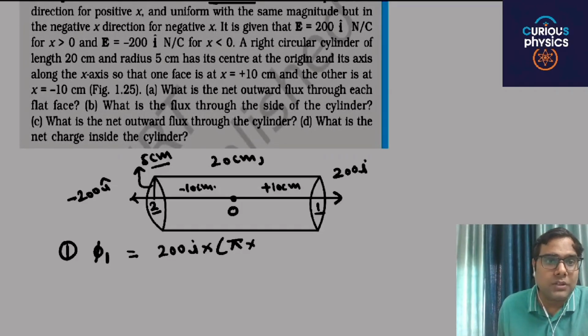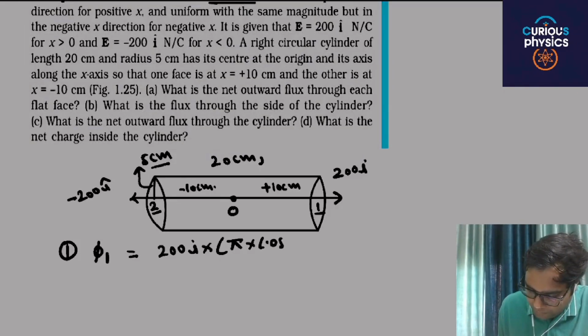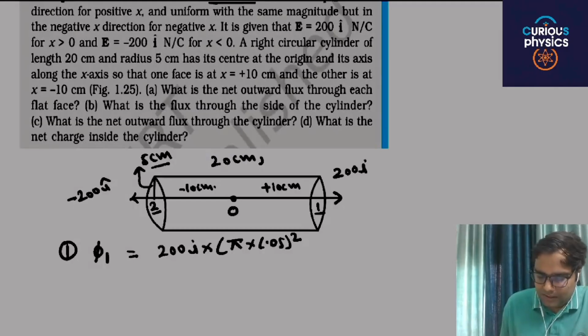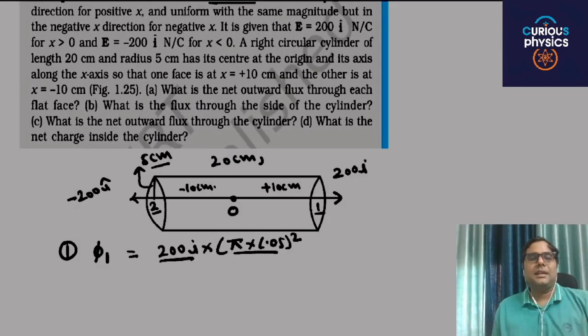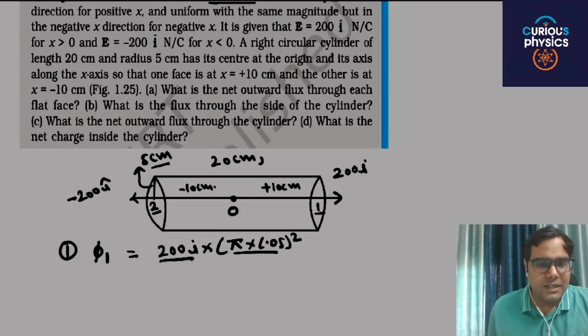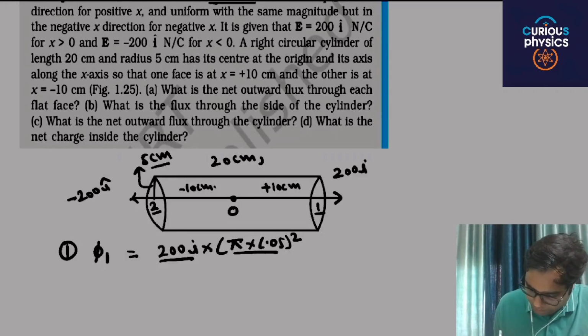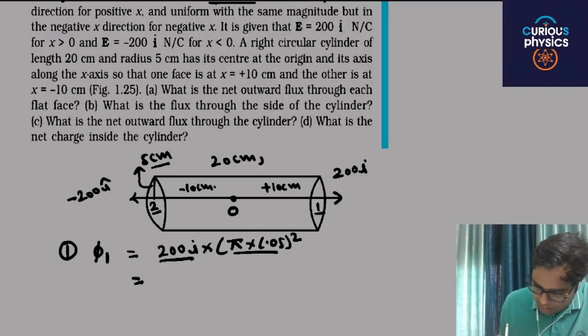In all the calculations you have to convert all the units to SI, meaning you have to convert 5 centimeter into meters. So that is 0.05, pi r square. That is A, and E and A are in the same direction, so again theta is 0 and cos 0 is 1, and that's all.